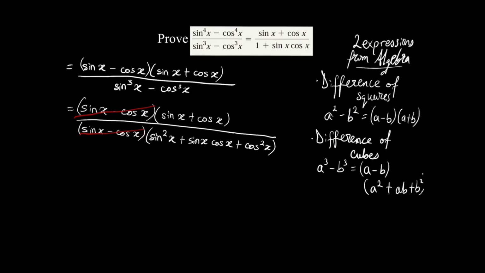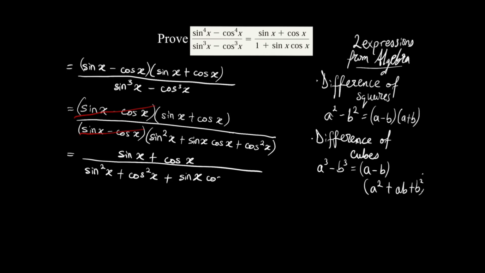And so at the numerator we have just sine x plus cosine x, and the denominator we have sine square x plus cosine square x plus sine x cosine x.